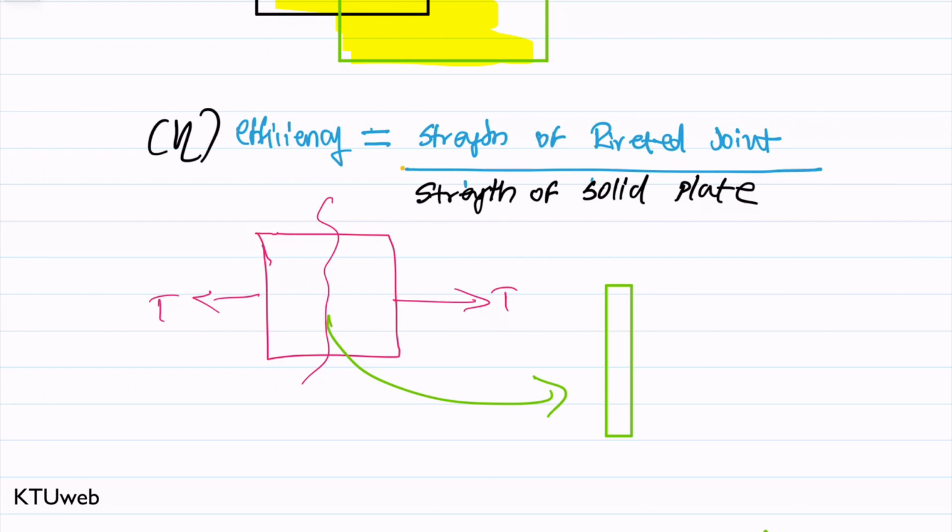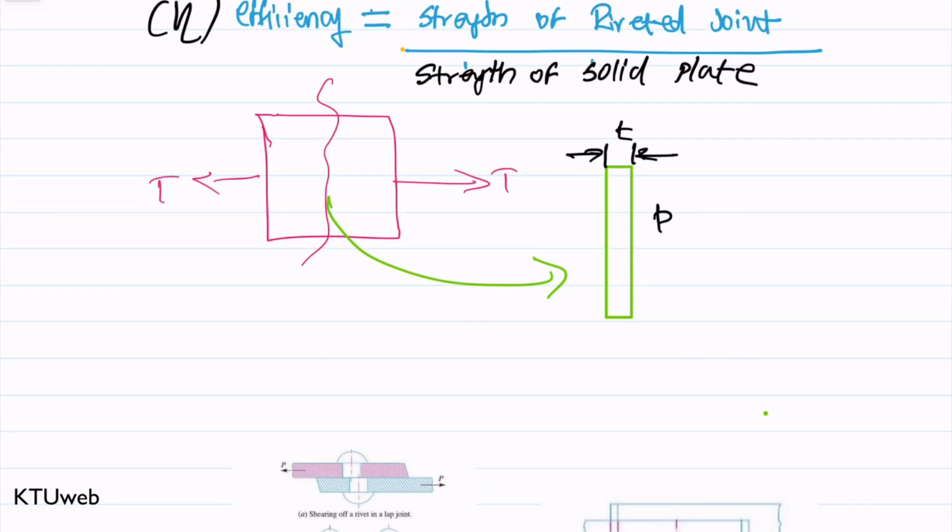Here the length will be the pitch P and this will be the thickness T of that plate, and the cross-sectional area, you can easily write, is equal to pitch P into thickness T.